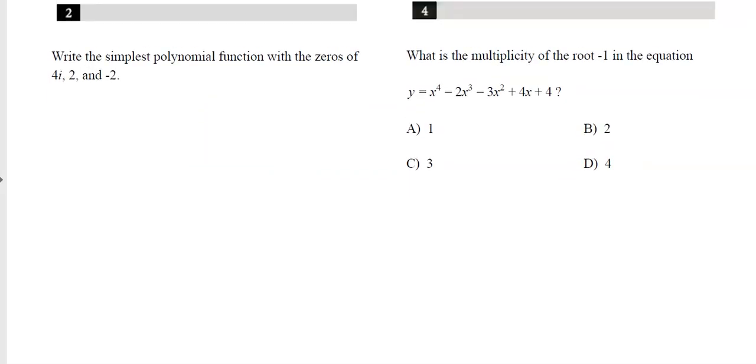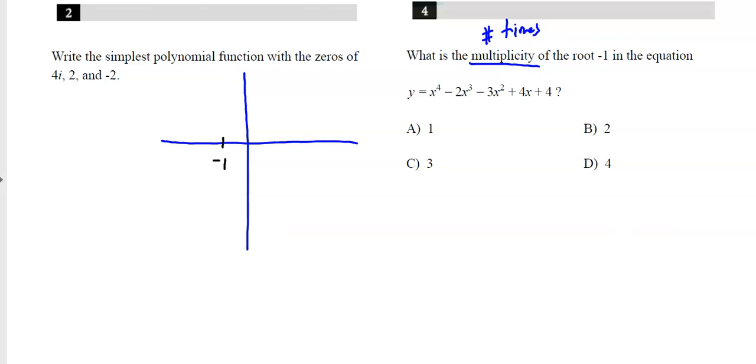Number 4, what is the multiplicity? Just remember that's a vocab word. Multiplicity means the number of times that something is a factor. And so we're trying to figure out the root negative 1, how many times that shows up here. I could graph that. That would definitely be a way. And remember, what I'm looking for is, if negative 1 is a root, as it crosses negative 1, there are some possibilities.